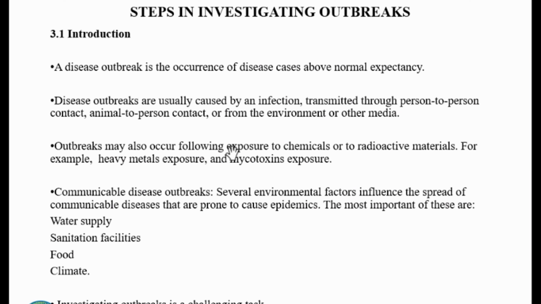But sometimes microorganisms produce toxin. The microorganisms maybe will not be there at that time, but they produce a toxin which can cause food poisoning. And that's where we're talking about food intoxication.